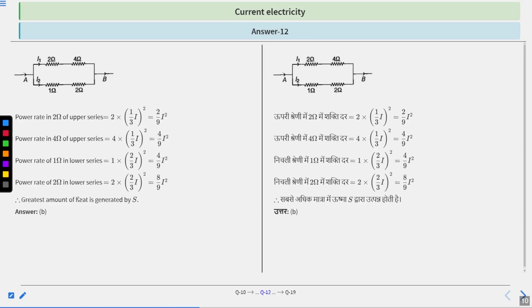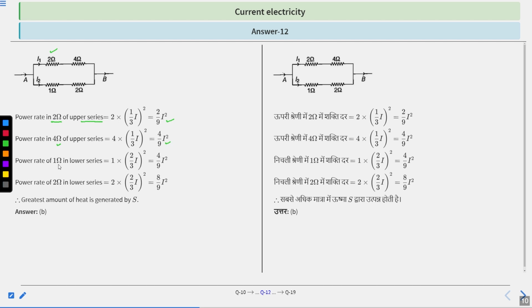So power rate in 2 ohm of the upper series is equal to 2 into (I/3) whole square, which is equal to 2I square divided by 9 across this resistance. And power rate in 4 ohm of the series is equal to 4 multiplied by (I/3) whole square, which is equal to 4I square by 9.